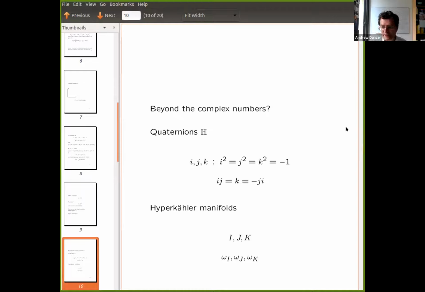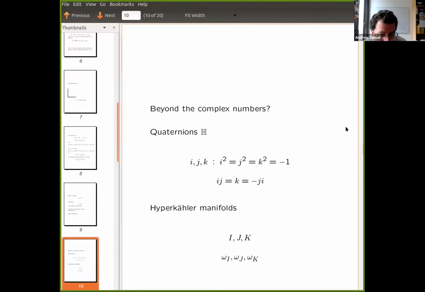Can we go beyond the complex numbers? Well, yes, we can, because there is an interesting number system that extends the complex numbers. That's Hamilton's quaternions, named H in his honor. This is four-dimensional over R in the same way that complex numbers are two-dimensional. We now have not only a plus ib, but a plus ib plus jc plus kd, where c and d are real numbers. What's the algebra of the i, j, k? Well, in some ways these behave a bit like the ordinary i.